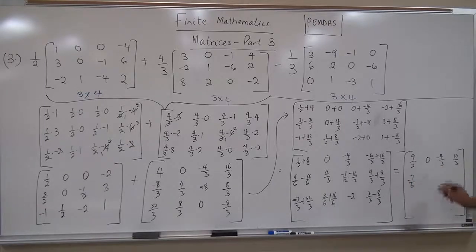And then 4 over 3. Then negative 17 over 2, then 17 over 3, 32 minus 3 is 29, 29 over 3, this is 19 over 6, this is negative 2, and this is negative 5 over 3.